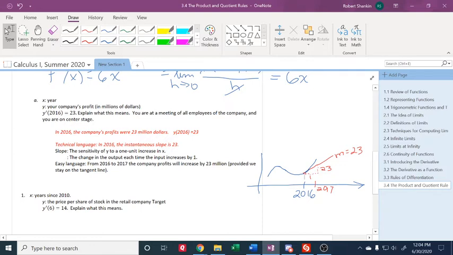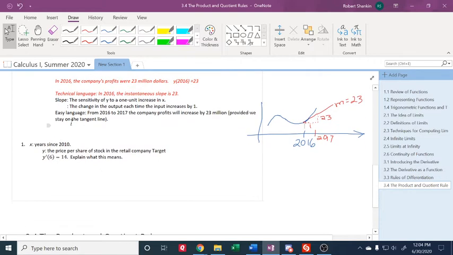All right, so now that you've practiced on that one, let's go to this next one. X is years since 2010. Y is the price per share of stock in the retail company Target.